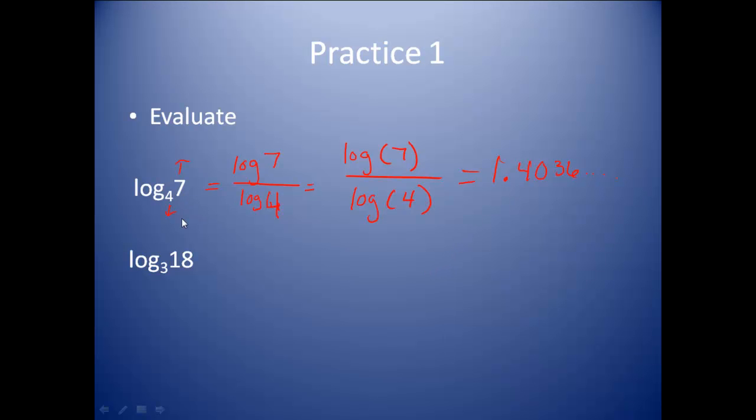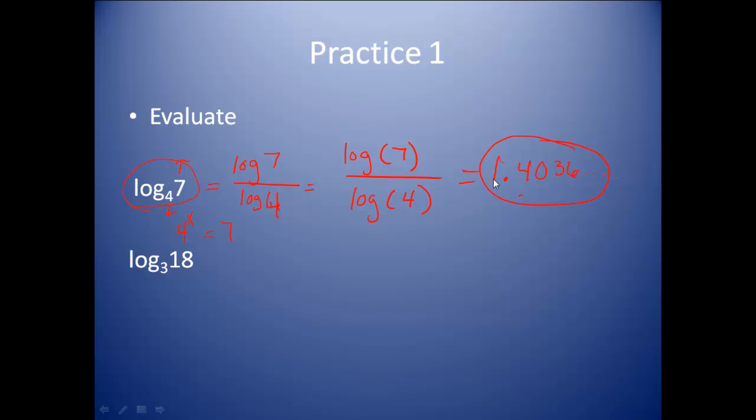So what that means, if I go back to my original here, is that 4 raised to some exponent is equal to 7. Well, that exponent is 1.403677 and so on. So you can check your answer here by taking 4 raised to the answer you got.